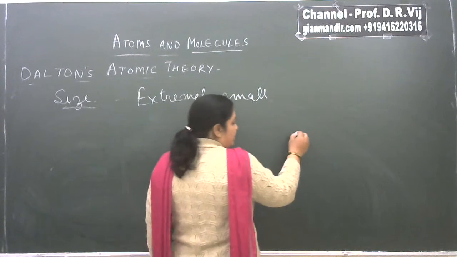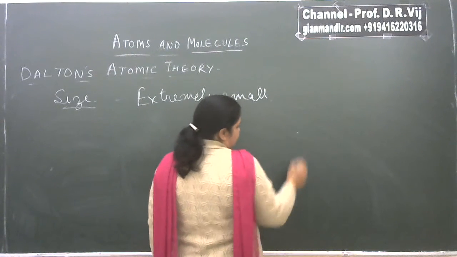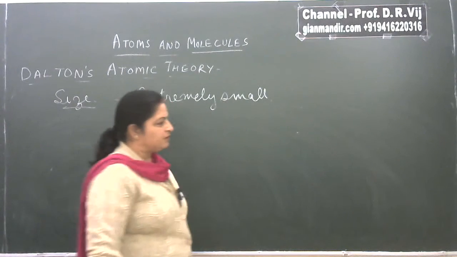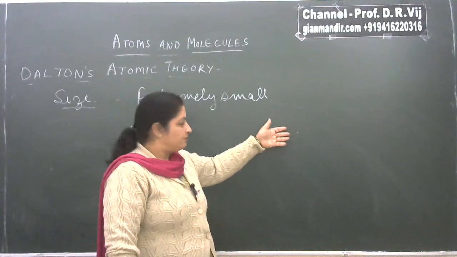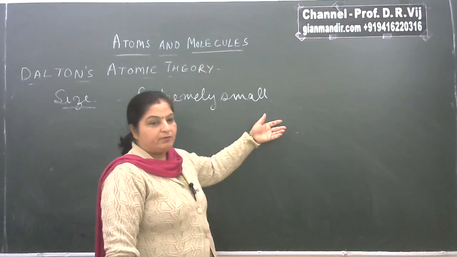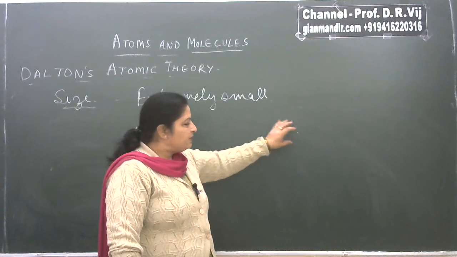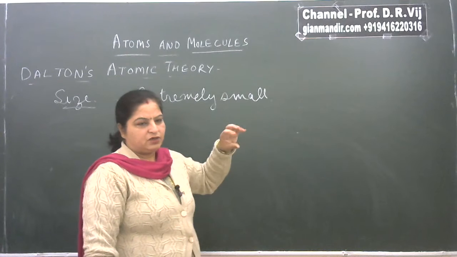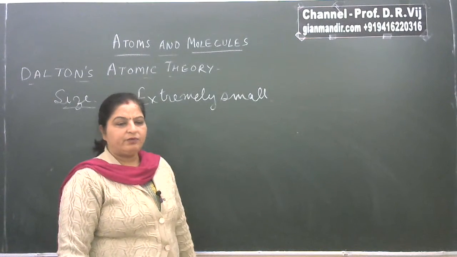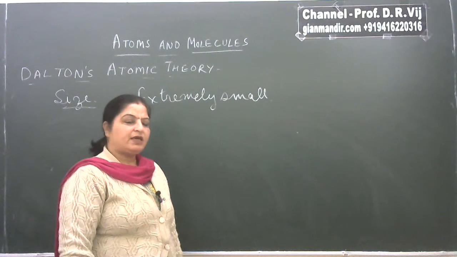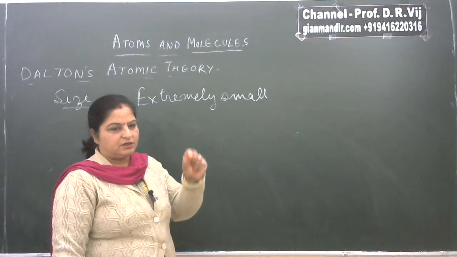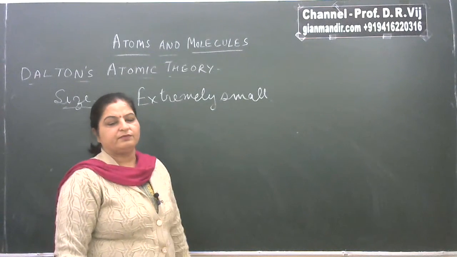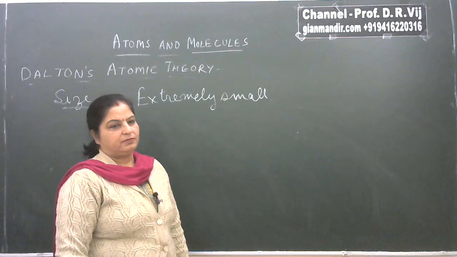Like if I put a dot with the help of this chalk, perhaps this dot may not be visible to you, but this small dot of chalk, can you imagine how many atoms are there? Even this small dot contains millions and millions of atoms.